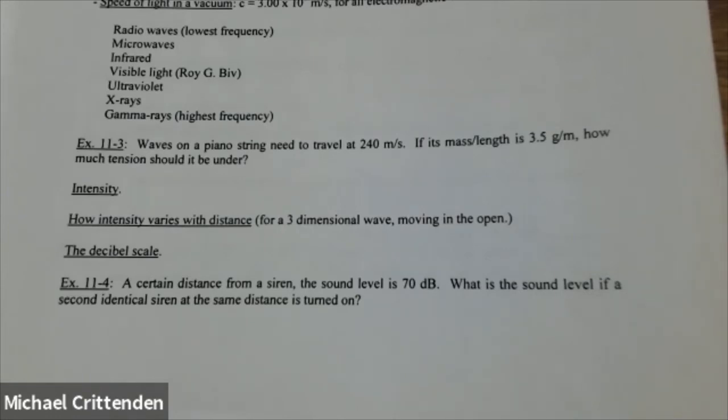Your first impulse might be to say, well, that's going to double the loudness if it's two sirens, so 140 decibels, right? No, not even close, sorry. The thing that gets doubled is the intensity, not the number of decibels. Each siren throws a certain amount of energy into the air per second.